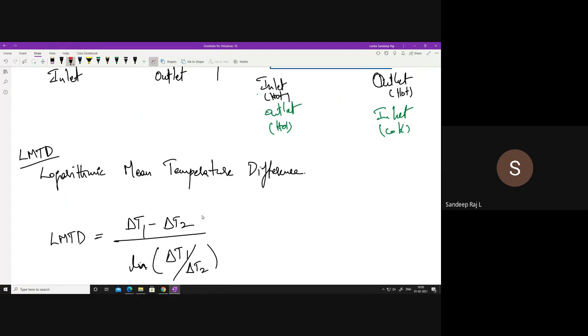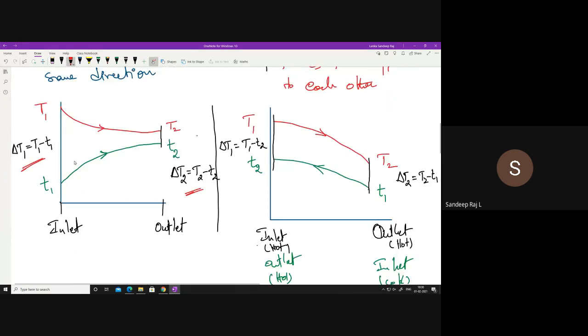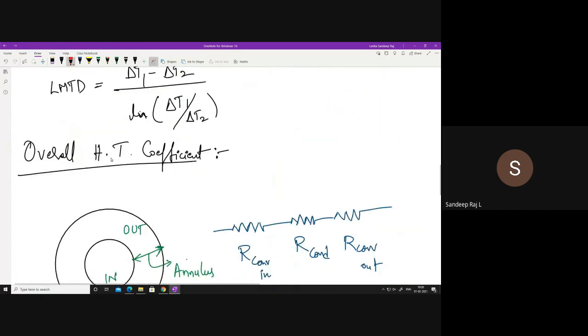To get the overall effect properly, logarithm is taken because the variation you can see here is a curvy kind of thing, a logarithmic variation. So logarithmic variation will help you quantify this difference appropriately.